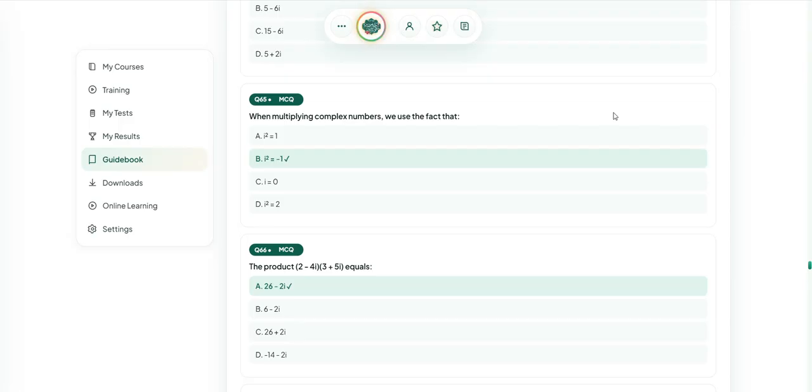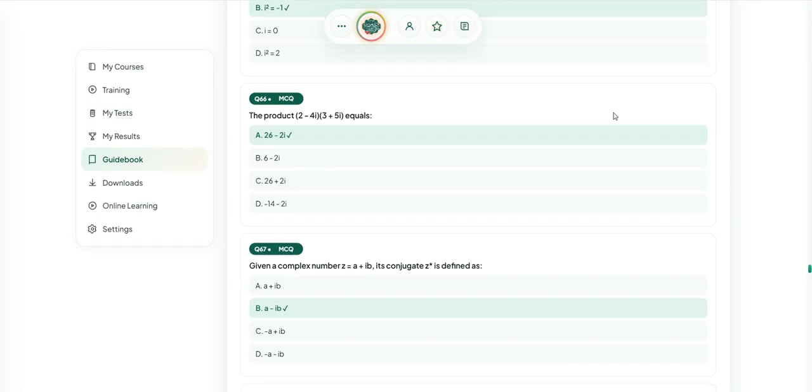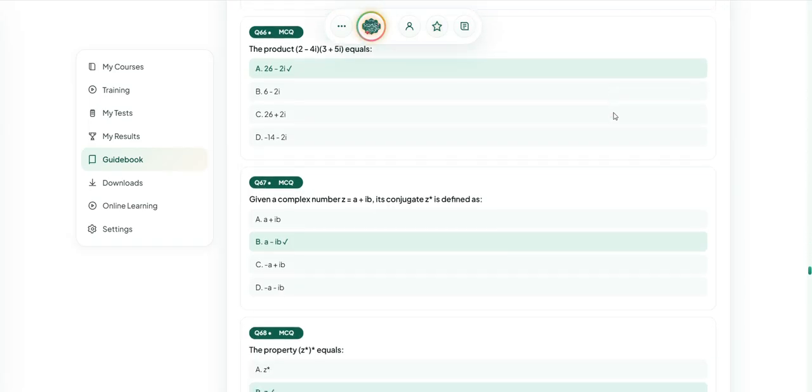The product of 2 minus 4i and 3 plus 5i equals 26 minus 2i.